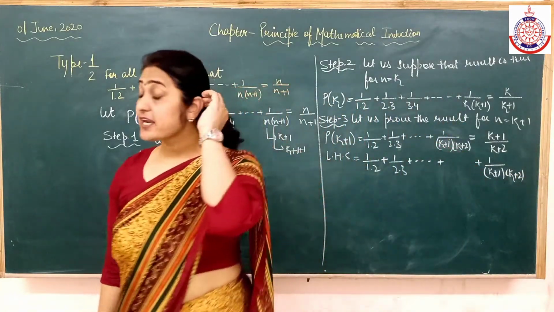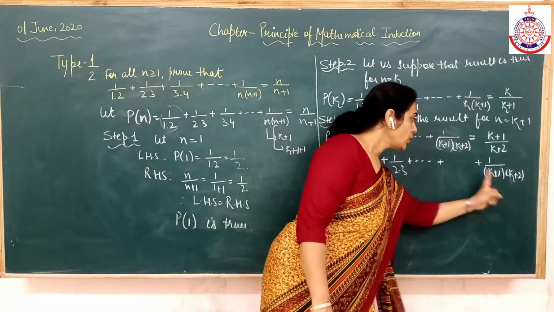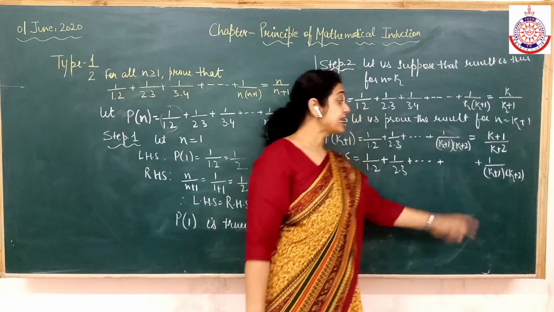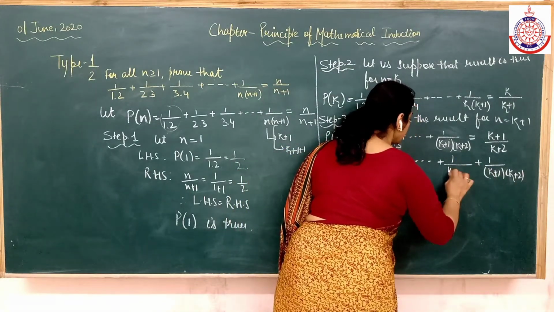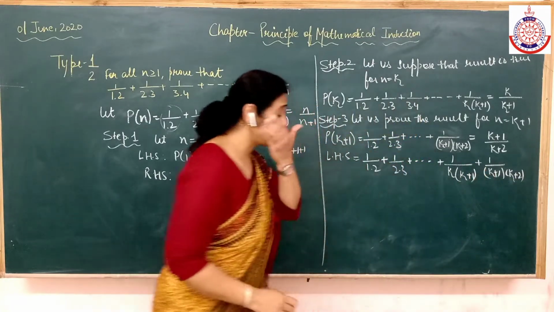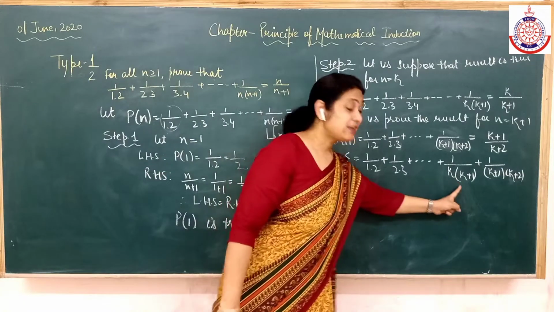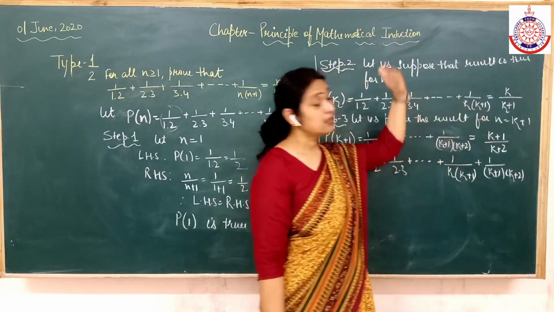What did I tell you in the previous example? We have to write the second last term. If the last term is k plus 1, the previous term to it would be k. If it is k plus 2, the previous term to it will be k plus 1. And I told you one more thing. The second last term is always the last term of the previous step.